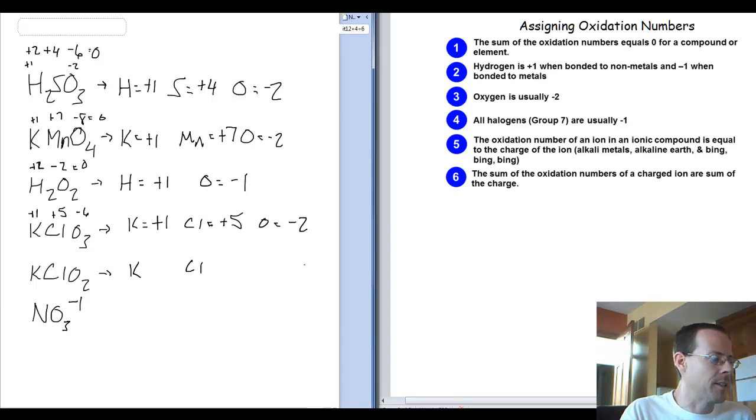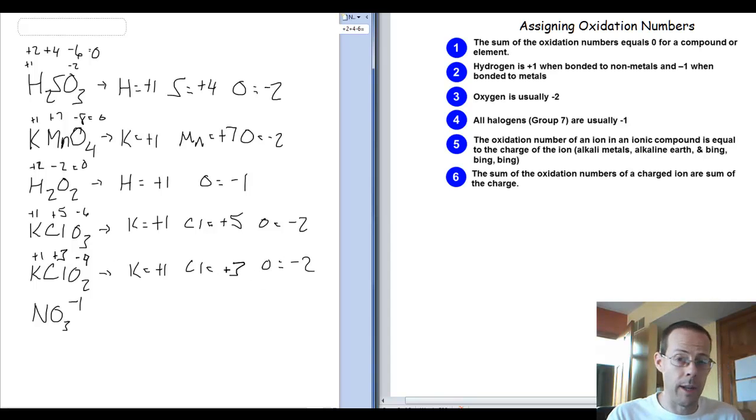Again, we have K, Cl, and O. Potassium is still a +1, oxygen is still a -2. There are 2 oxygens, that's really a -4. I'm sorry, I'll erase that. So oxygen totals -4, and then chlorine must be a +3 this time. Notice it is different. For a lot of these, they aren't always the same thing.